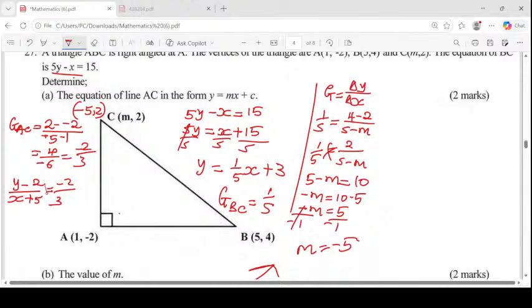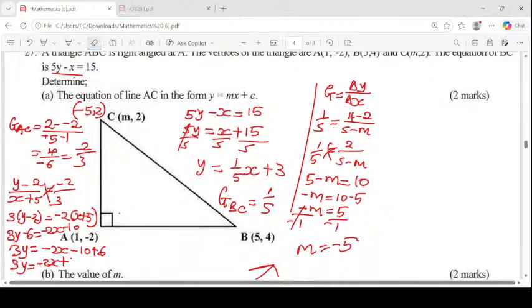Then you can cross multiply. This will be 3 into y minus 2 is equal to negative 2 into x plus 5. So this is 3y minus 6 is equal to negative 2x minus 10. So 3y is equal to negative 2x minus 10 plus 6, so 3y is equal to negative 2x minus 4.